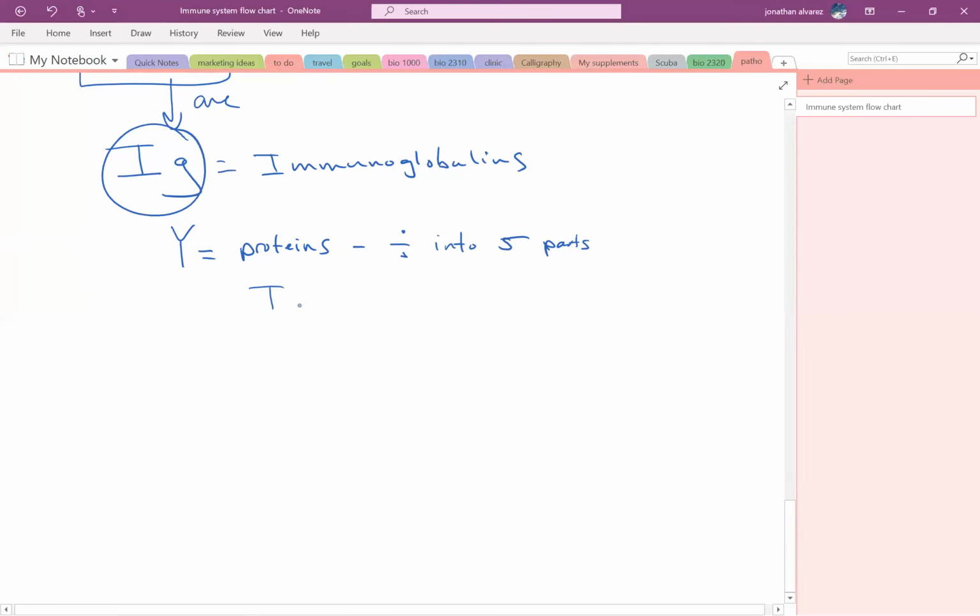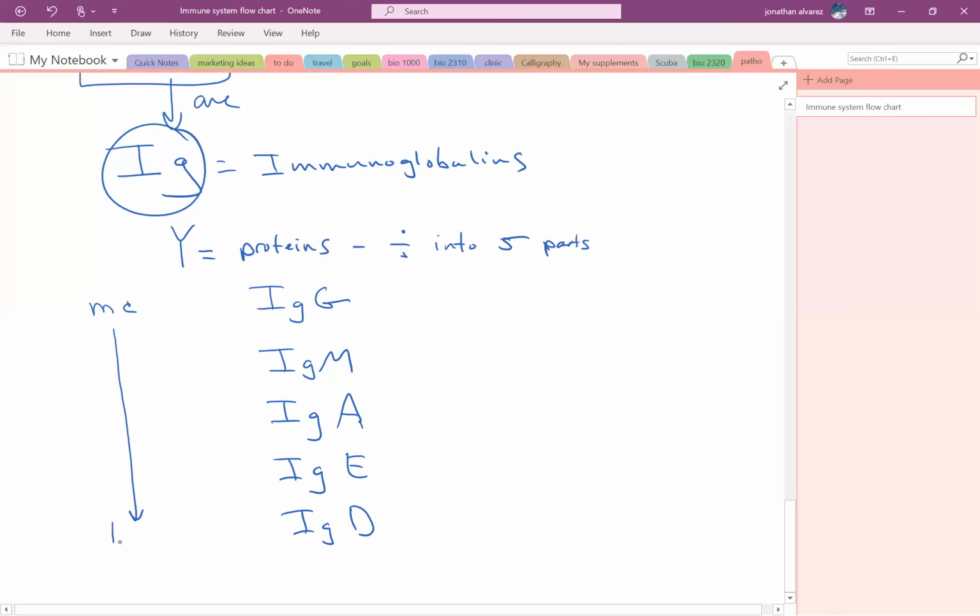We have immunoglobulin G, that's the first one, immunoglobulin M, immunoglobulin A, IgE, and IgD. So most common to least common in our body.